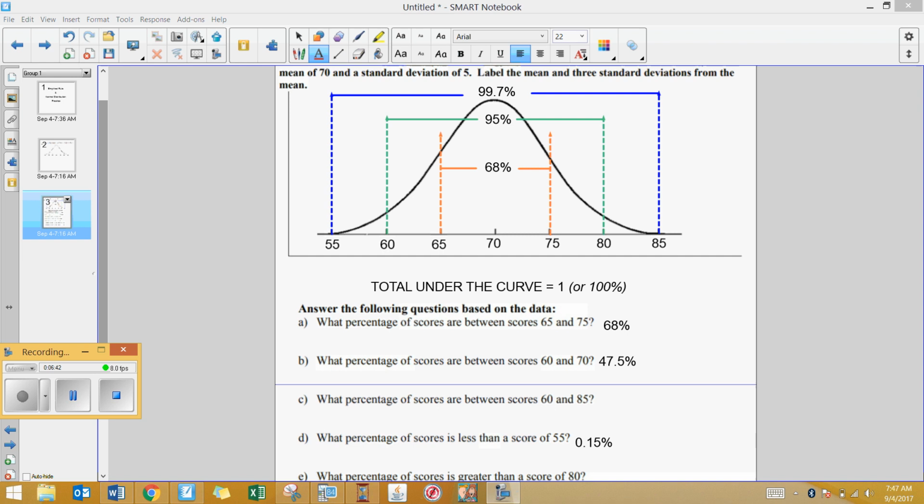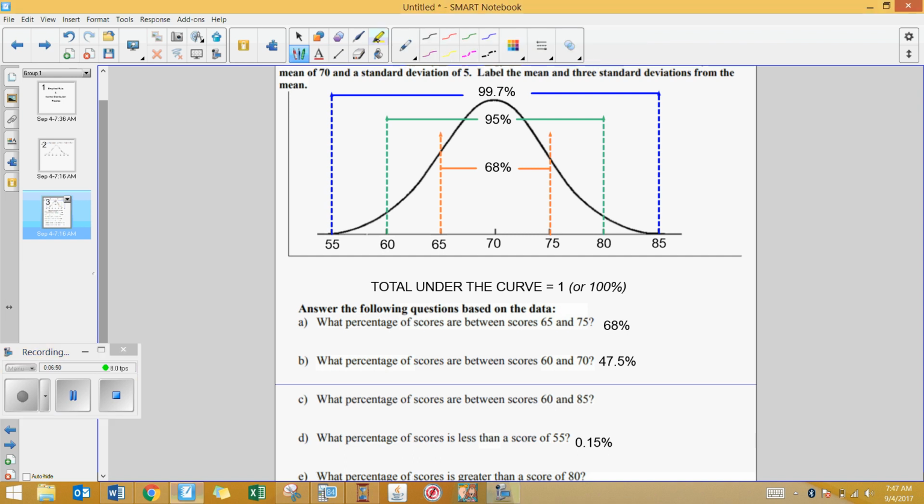Moving on to C. What percentage of scores are between 60 and 85? So between 60 and 85. So if we're looking here, all the way over to 85. That's not one of those three numbers that we see, but it's very close.